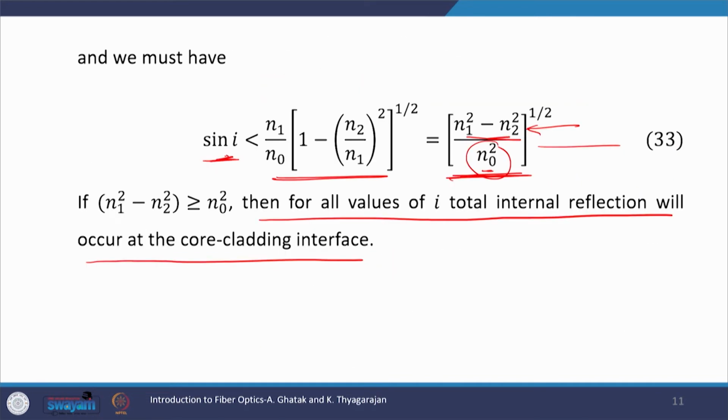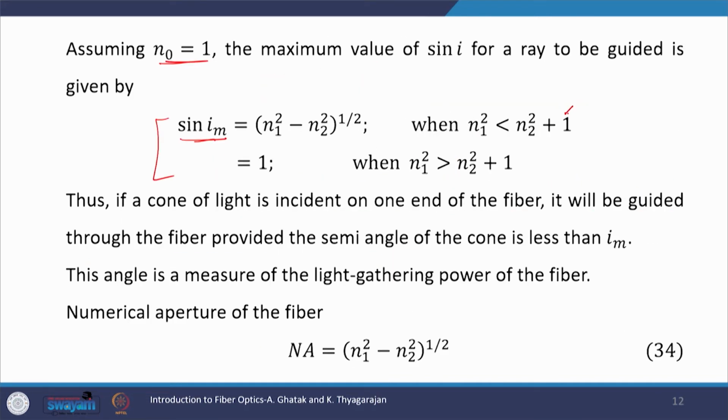Therefore, in this condition you are seeing 1 here. Then as long as n1 square is less than n2 square plus 1, sine Im, where m stands for the maximum value of I, would be equal to the square root of n1 square minus n2 square, while when n1 square is larger than n2 square plus 1, the maximum value of sine Im would be equal to 1, which is very much obvious.